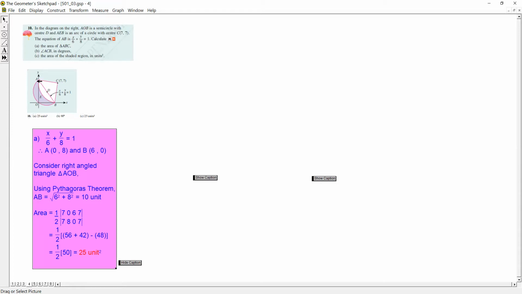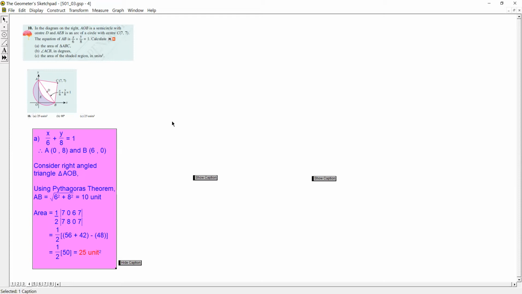Do I know the length AB? Because this is a right angle triangle, using Pythagoras theorem, AB is 10 units. So the diameter of the circle is 10 units, and the radius is 5. Okay so far?